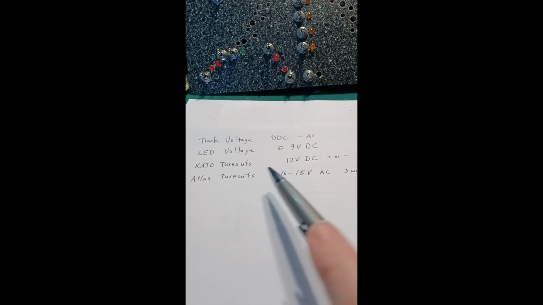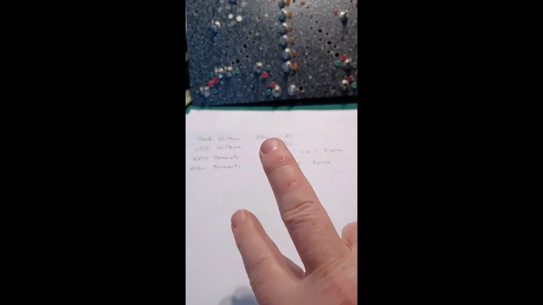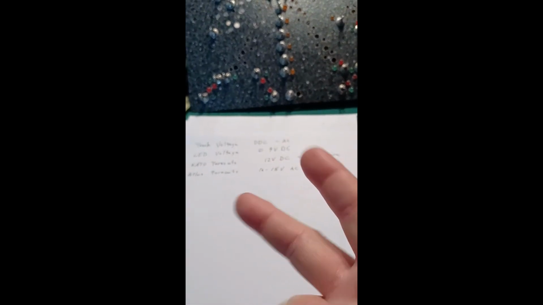Then we have the turnouts. The Kato turnouts, I have, I think, 6 Kato turnouts. And the Kato turnouts are basically 2-wire. They're 12 volts DC, plus or minus. The way it works is that to flip the turnout, they flip the polarity of the voltage to the trip solenoids.